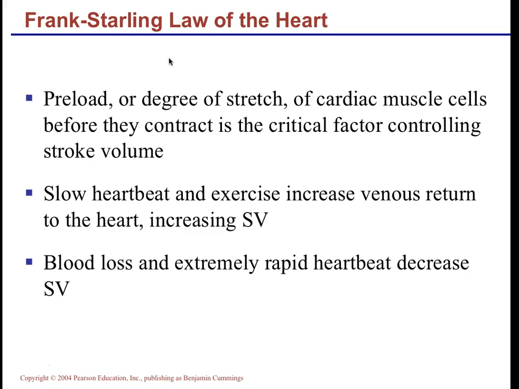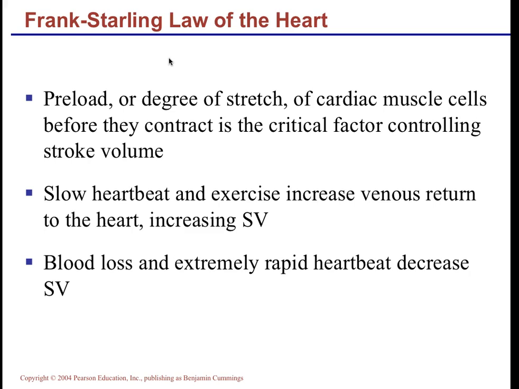So what Frank and Starling learned from the dog experiments is that if you put more blood back than normal, it will stretch the heart because of the elastic nature of the heart. And just as you stretch an elastic and let go of it and you get a good rebound, a snapback, the same thing is going to happen to the heart. It will snap back more forcefully, so the stroke volume will be larger.